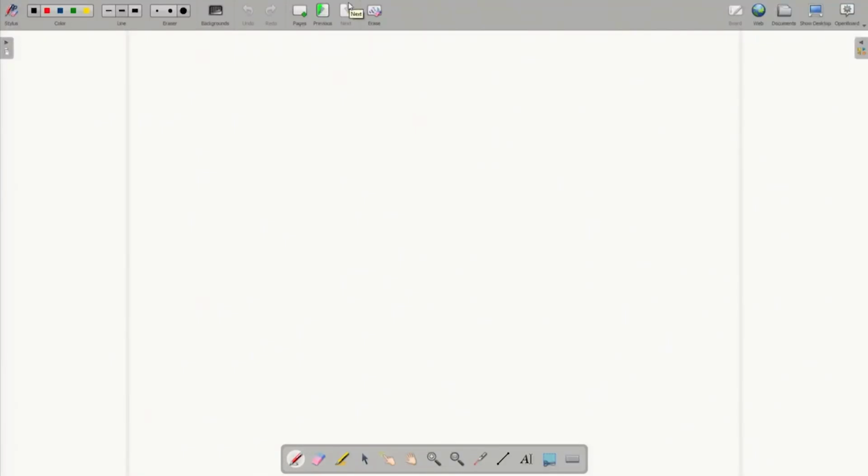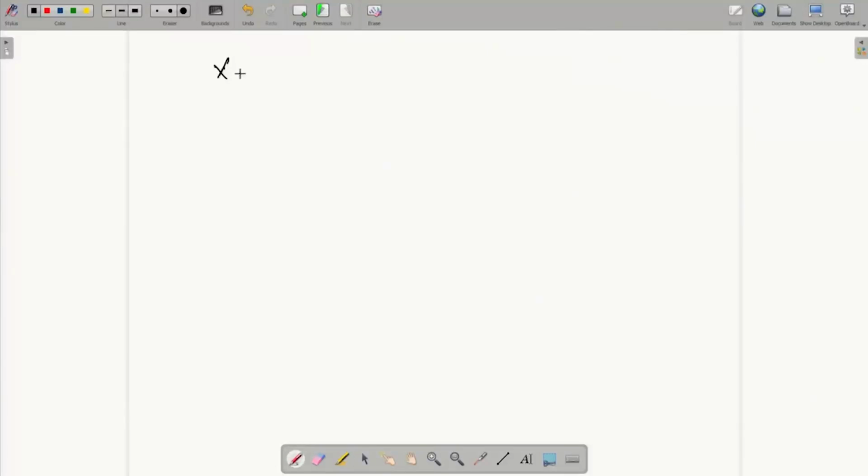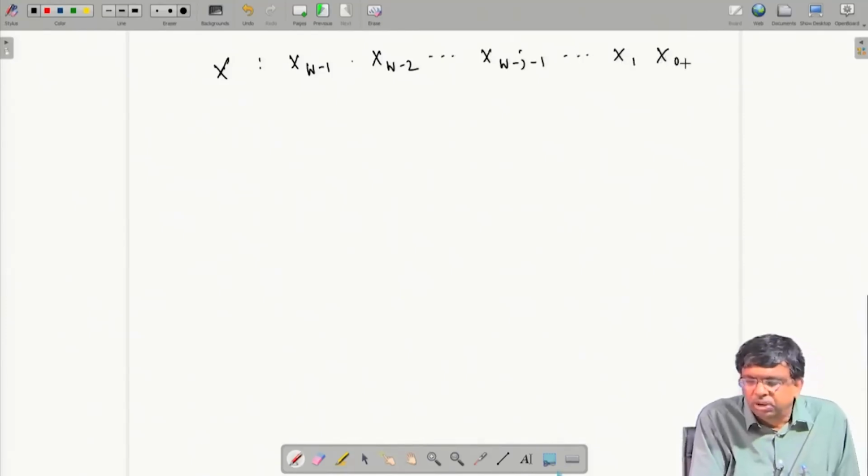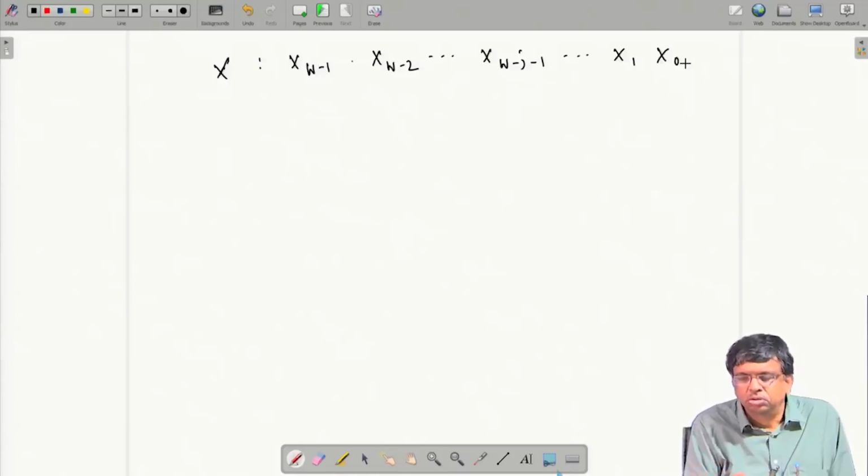Now, there is an interesting property which we should discuss now. Suppose you are given this binary word. This is a W bit binary word given to me. We know its decimal value. Suppose I play a game.